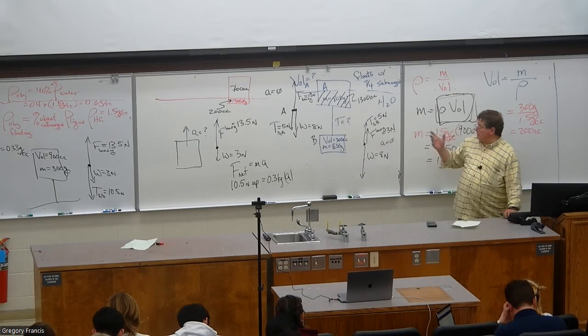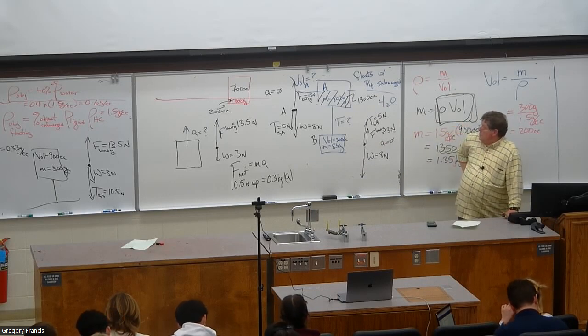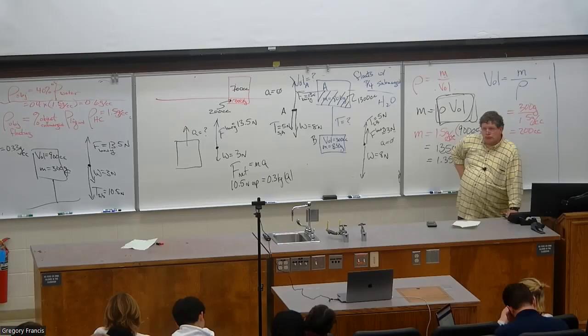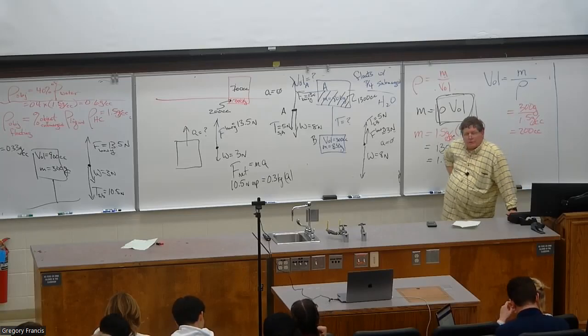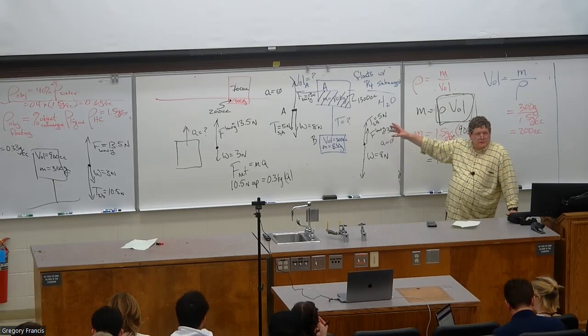Now you'll say, well, Greg, the mass of A is 800 grams, but to float, it's displacing 1,300 grams of water. I thought you said when something floated, it displaced the amount of water equal to its own weight. Well, this isn't free floating.